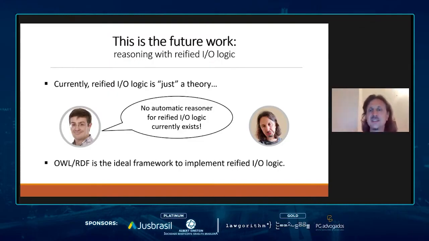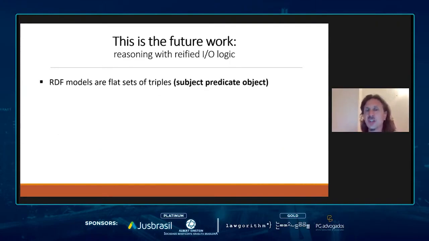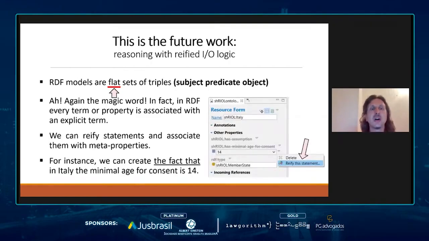So the idea is to transform everything, so the logic of Hobbs, to implement it in RDF and OWL in order to use the reasoners that are already available for RDF and OWL, because RDF also models, again the magic word, flat knowledge, into flat sets of triples, so there is a direct mapping between the logic of Jerry Hobbs and triples in RDF.